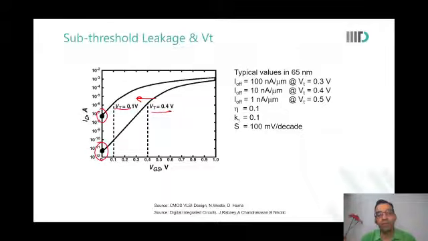Therefore, you can have multiple decades of difference between the leakage of a high VT device and the off current of a low VT device. This is just an exemplification: in 65 nanometers, as you reduce VT by 100 millivolts, you increase the off current by a decade, because we assume the subthreshold slope is 100 millivolts per decade.